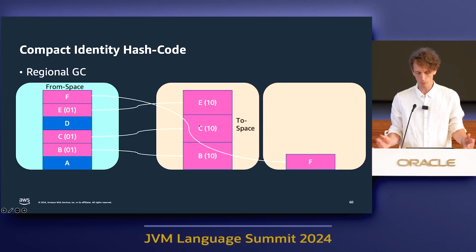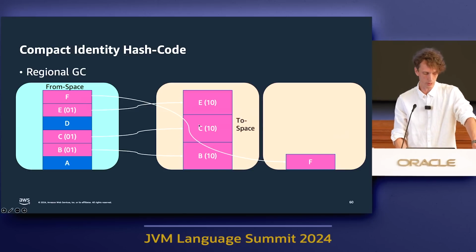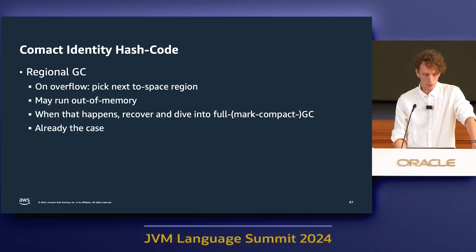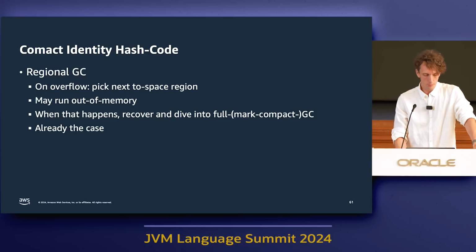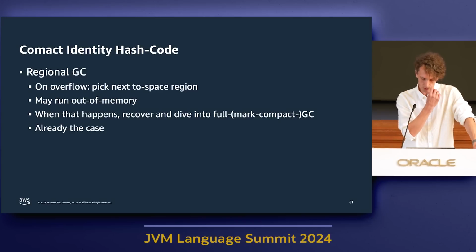So this is actually not a problem, in fact. So yeah, on overflow, pick the next region. This may still run out of memory, which I argue is okay. When that happens, they recover and dive into full GC, for example, in G1 and Shenandoah, and this is already all the case for current GCs.